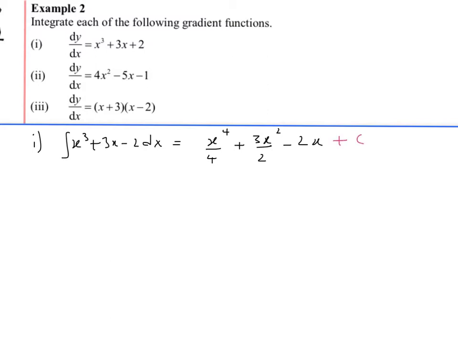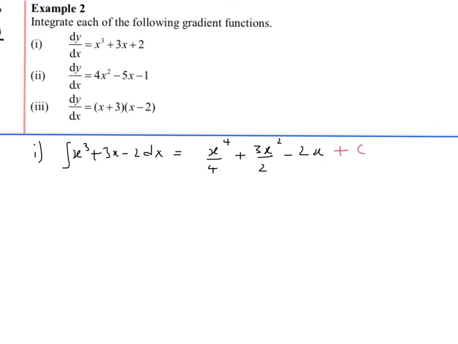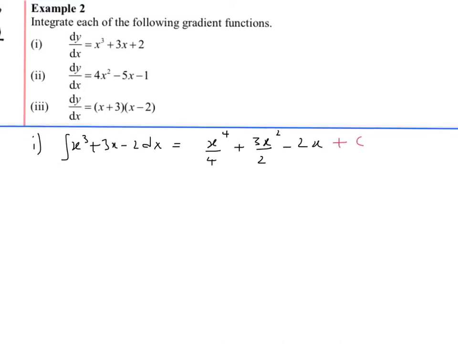So that's part 1 integrated. Right, part 2. We want to integrate 4x squared minus 5x take away 1. So use the integration sign. 4x squared take away 5x take away 1 dx.